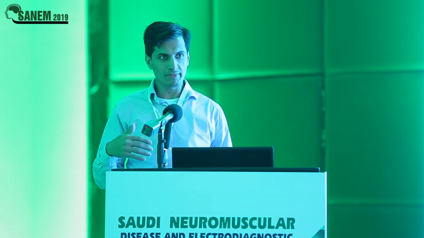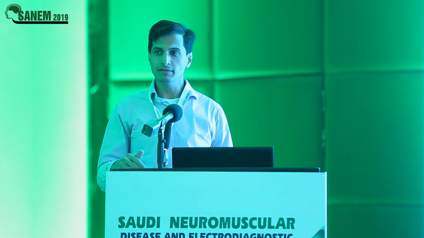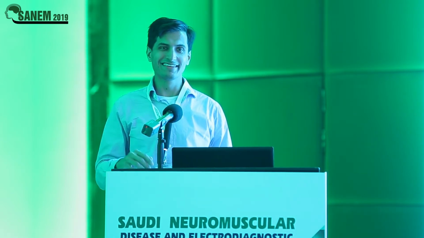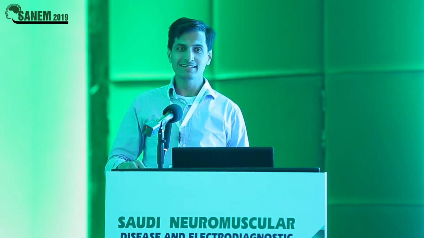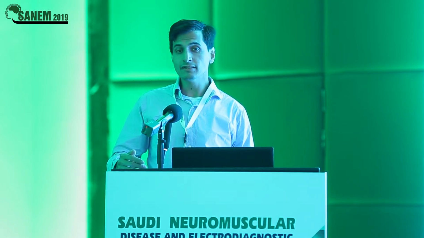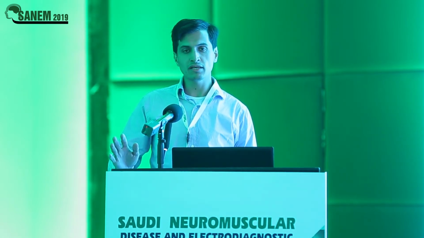Is it at the level of the motor neuron, roots, plexus? What about the reflexes? The reflexes were normal. It was quite normal. There are no signs of upper motor neuron whatsoever.